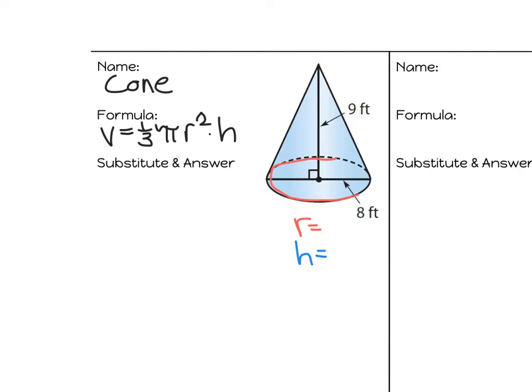So here's my circle. If all the way across is 8, remember that's our diameter. So we need to divide by 2 in order to get the radius of 4. So if the whole thing is 8, then just half of it is 4. Our height, we are looking for this right angle box, and it goes from the right angle up to the point of the cone, and that's 9.